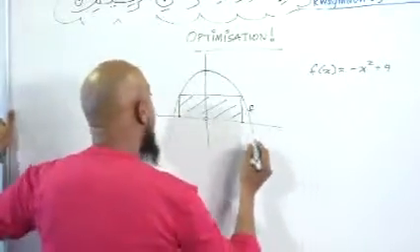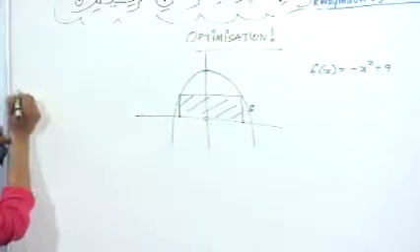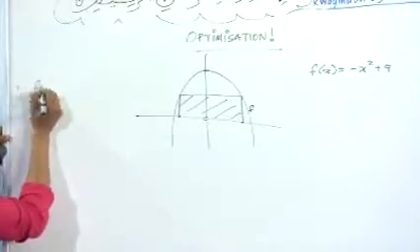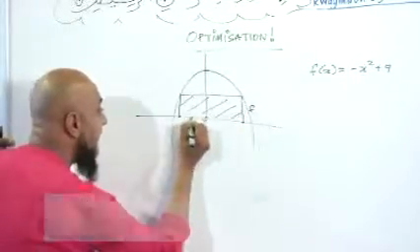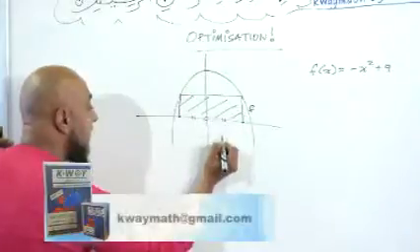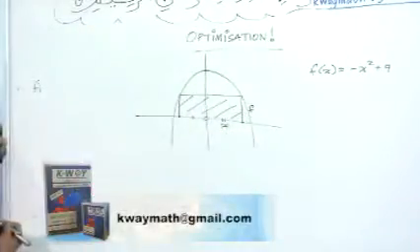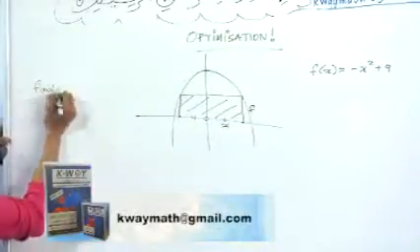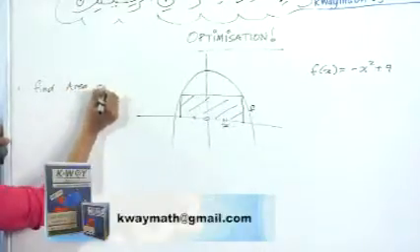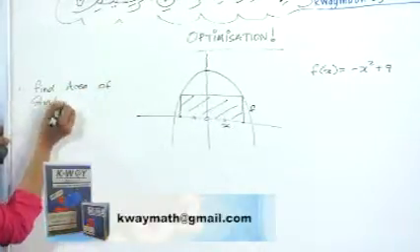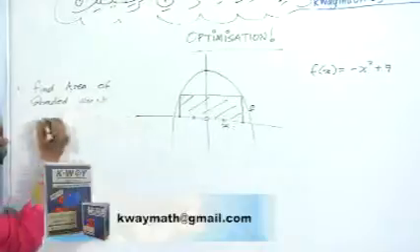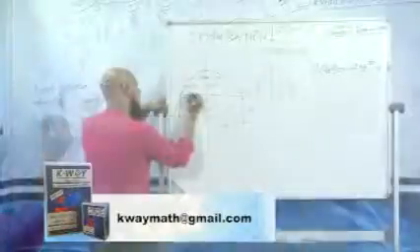They say, find, question number one, and they call this x. They tell you that this piece here is equal to that piece, and that piece is called x. Find the area of the shaded part in terms of x.